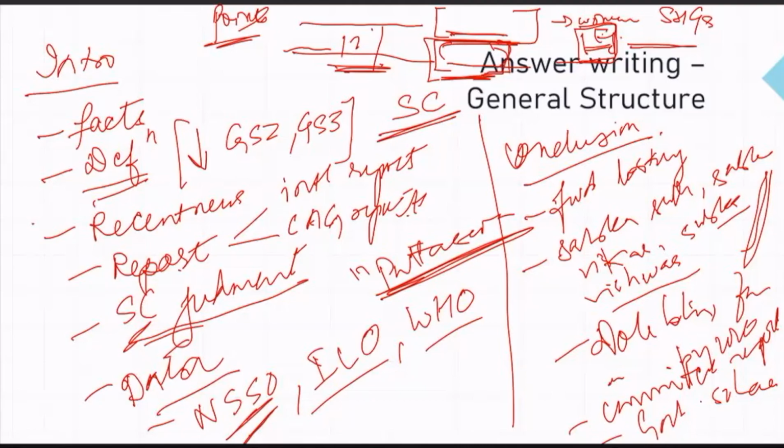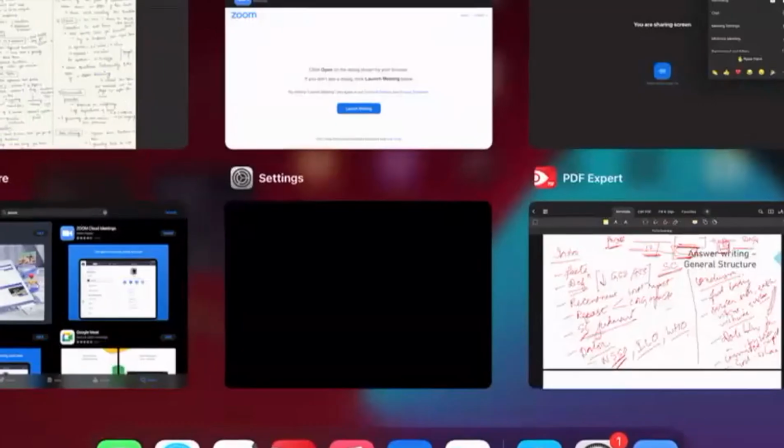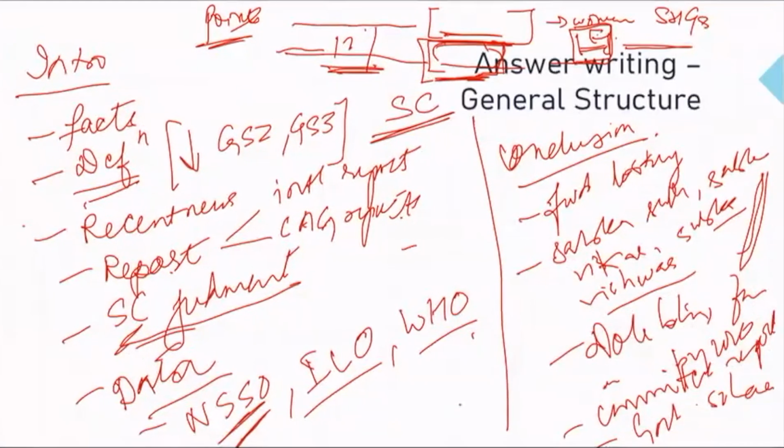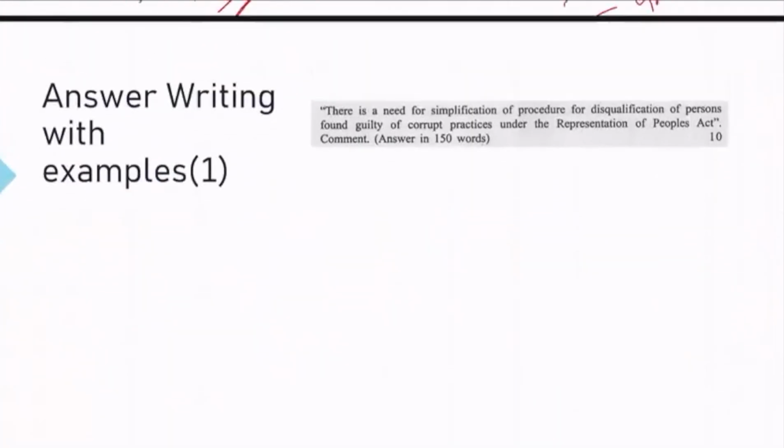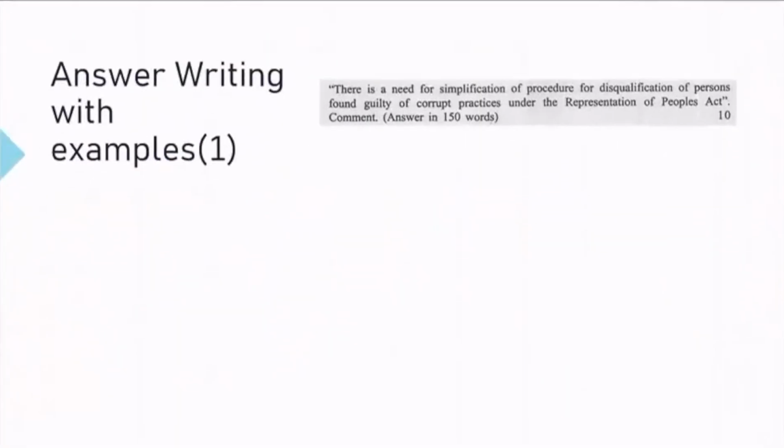Now going forward, this is how you write your answers. Now I'll explain with the examples. So what is the question? It is a 10 marker question. There is a need for simplification of procedure. What kind of procedure?